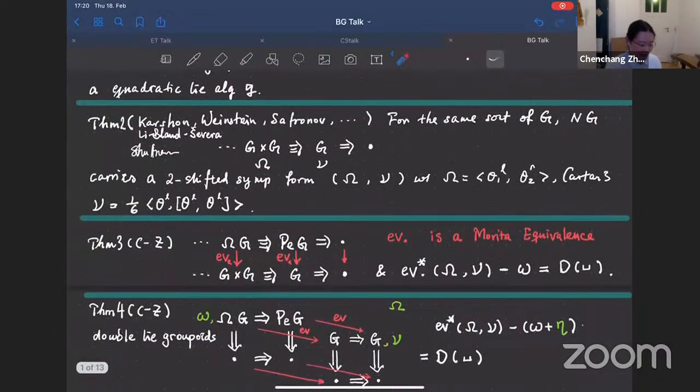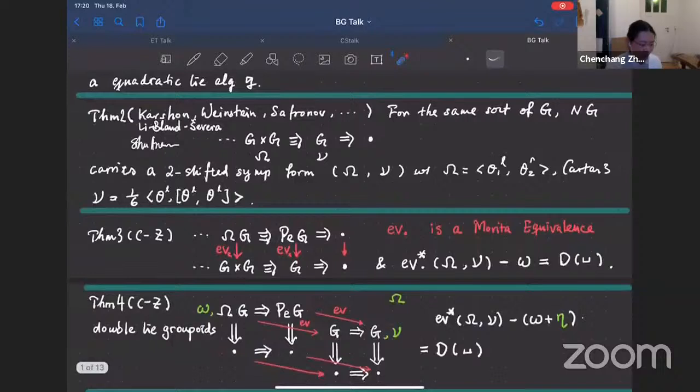Over here, our relation is from another point of view. It turns out that this evaluation map simply evaluates at the end point, and the other needs to evaluate at 2 points. I will explain which 2 points, and then you can extend it to a simplicial map. And this will provide you a Morita equivalence.